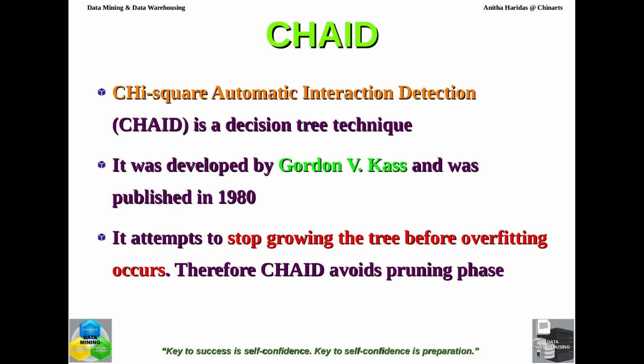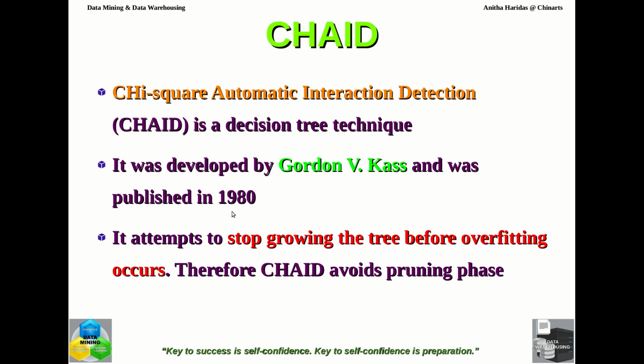In your textbook it is also said that it was a derivative of automatic interaction detection, which was proposed by Hartigan in 1975. So AID was used as the base for the CHAID technique, which was developed by Gordon B. Kass in 1980.